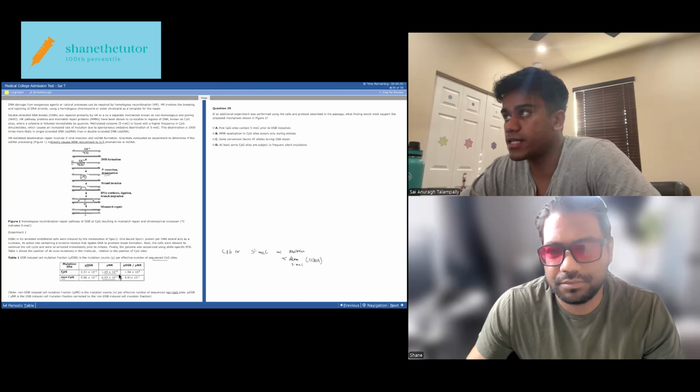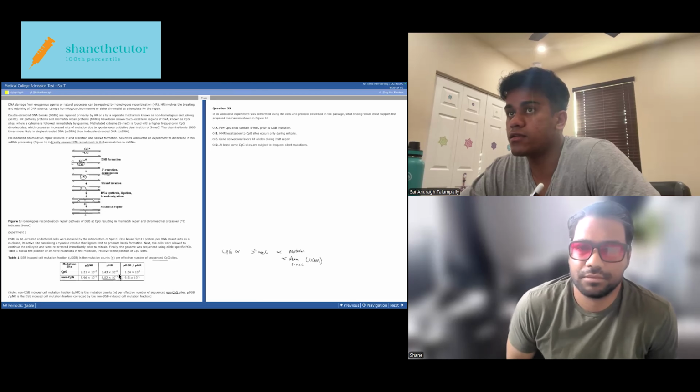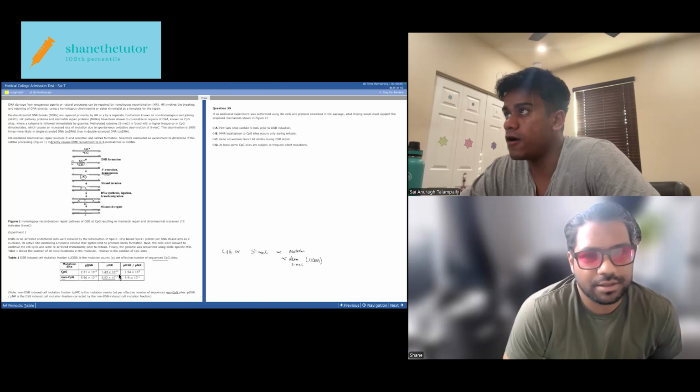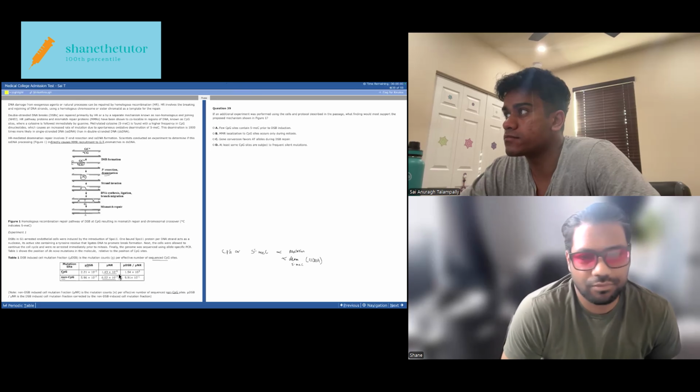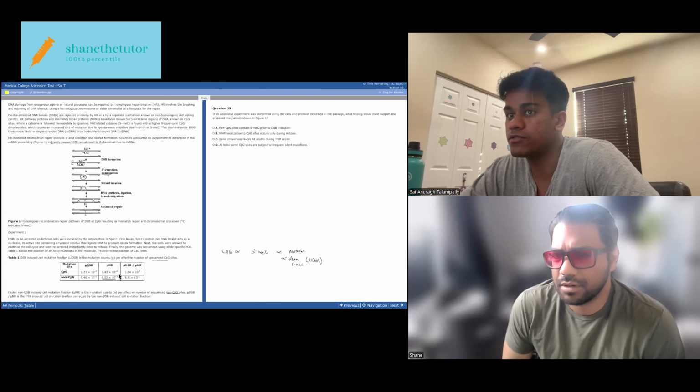I think that's the answer I picked last time, but the more I think about it, maybe that's not right, because if you want the same mechanism to happen, you probably want a decent amount of CpG sites, right? Okay, good. B: MMR localization to CpG sites occurs only during mitosis.